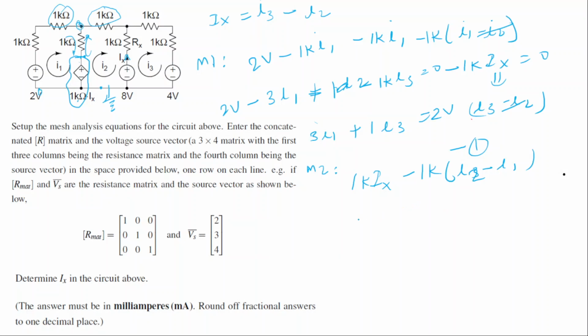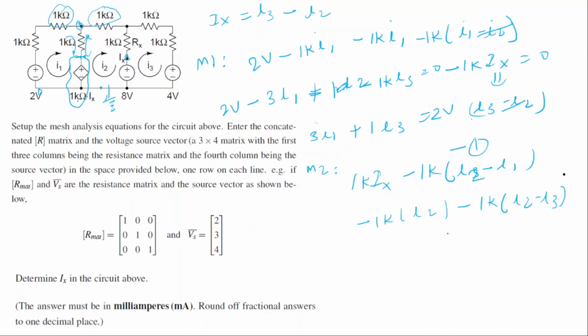So this will be equal to minus 1k times I2, minus the drop across this 1k resistor, which will be 1k times I2 minus I3, minus 8 volt equals 0.